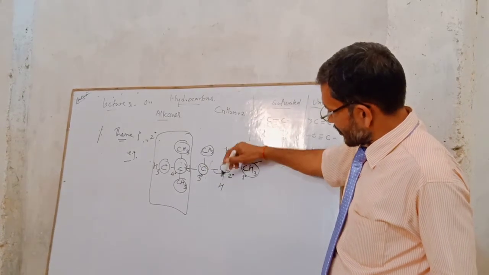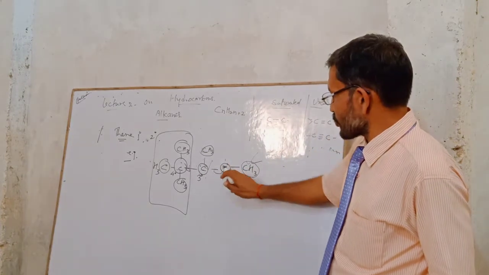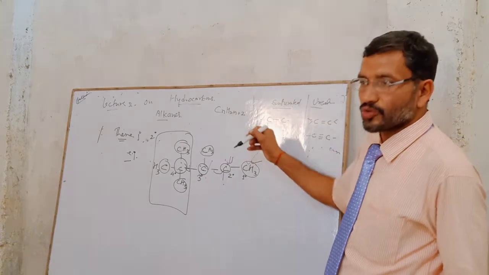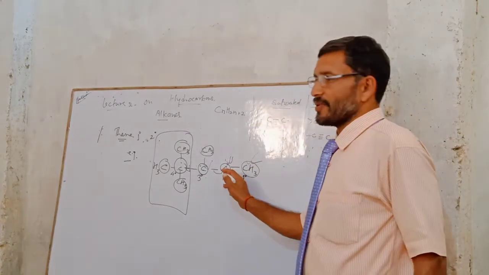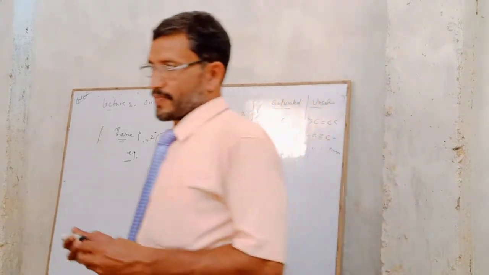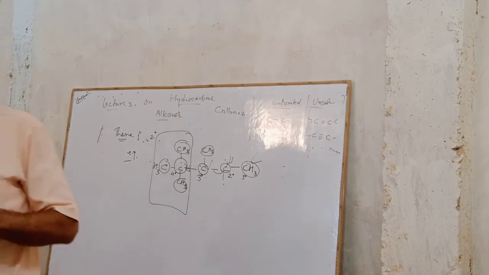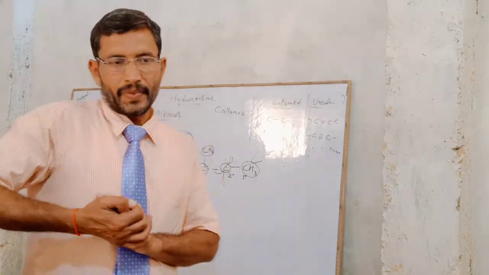Here is not carbon, here is only hydrogen. So only 2 carbon atoms are attached, that's why this carbon atom is 2 degree. And here is only one, because only one carbon atom is touching it. So primary, secondary, tertiary and neocarbon atoms are like that. Is there any doubt? Fine.